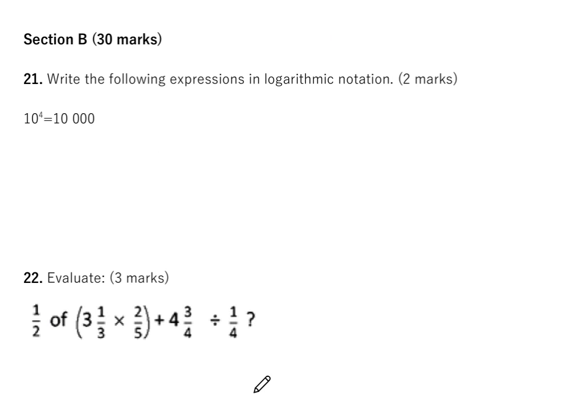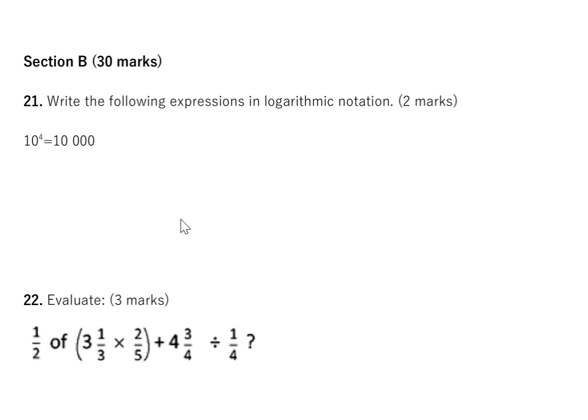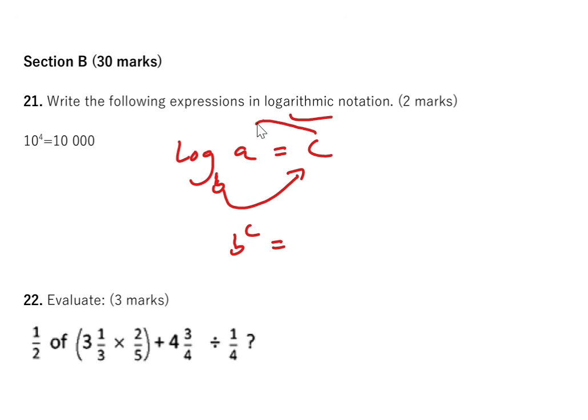So we continue with section B. Here we have 30 marks. Write the following expressions in logarithmic notation. So we know that if you have log of maybe an A to base B is equals to a constant C, you know that it is very simple to change this into index notation. It is B raised to C. So it will be B raised to C is equals to whatever that we have here.